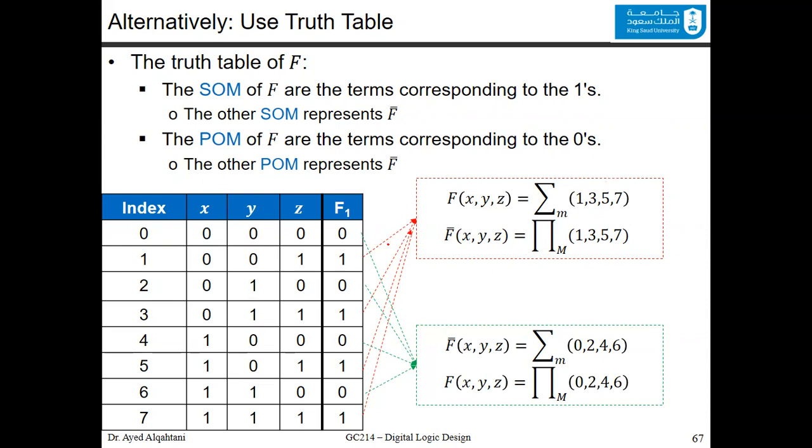For example, if you want minterms only, you take this one for f and this one for f bar. If you want maxterms only, you take this one for f as a product of maxterms, and this one as f bar, a product of maxterms. I hope this is clear for you.